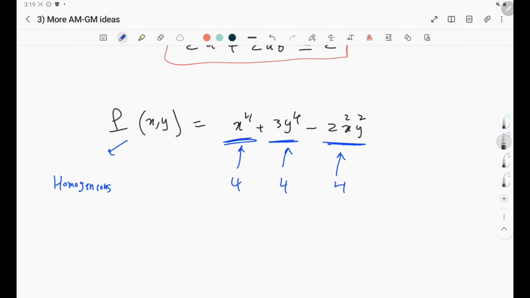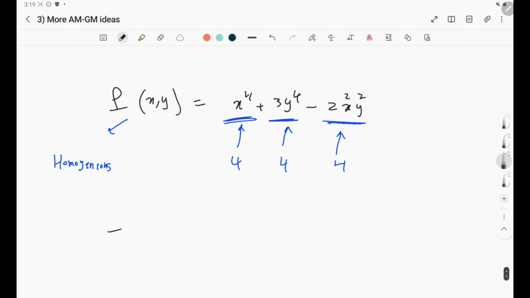You can think about it also like this. If we introduce some variable k, then P(kx, ky) is equal to k to some power times P(x, y). So basically the k will get absorbed outside.